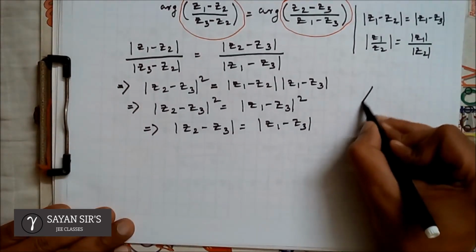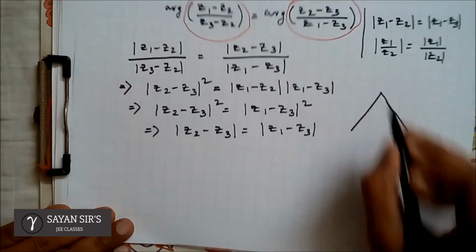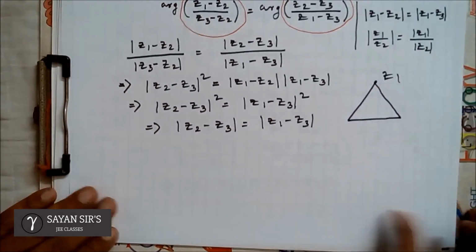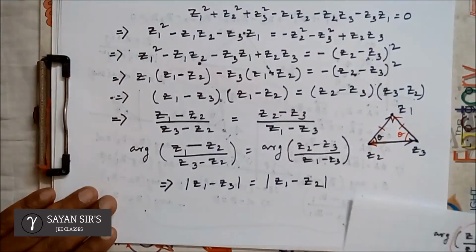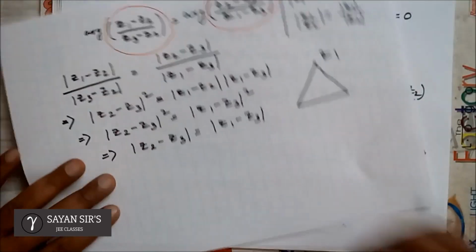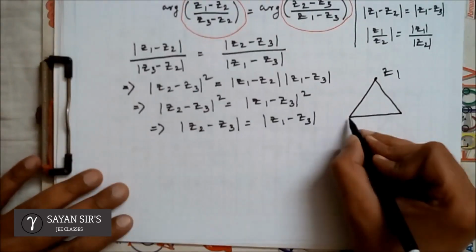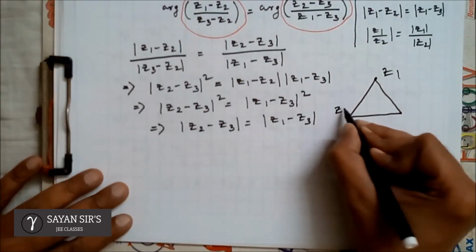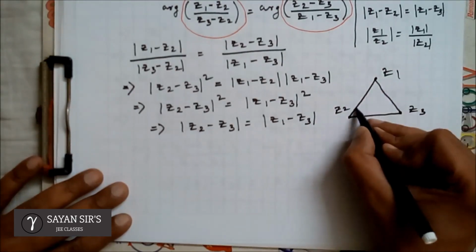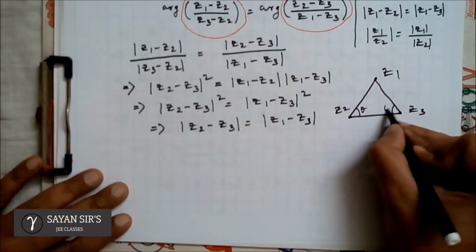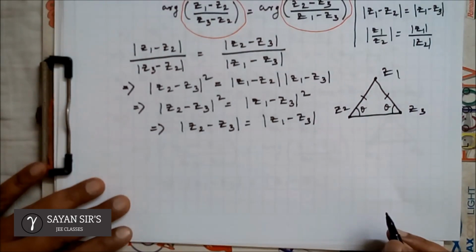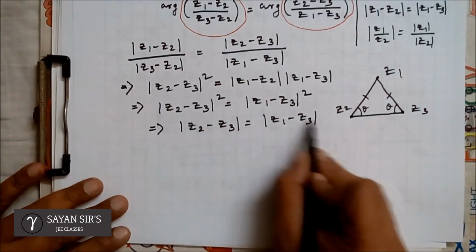Let me go back to the triangle again. I had my z1 over here, my z2 over here and my z3 over here. I have already shown that these two angles are equal and these two sides have been shown to be equal. So let us see what this equation tells us.